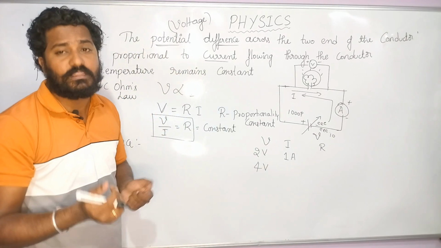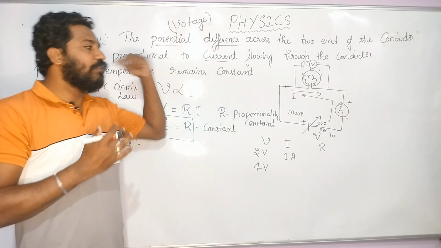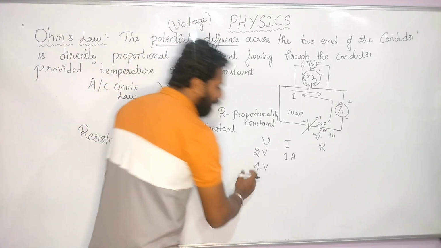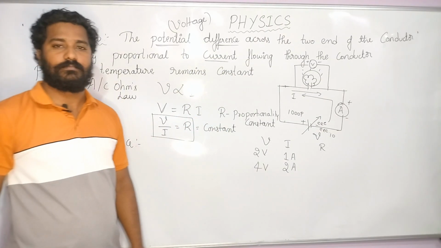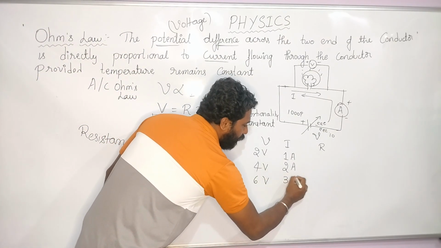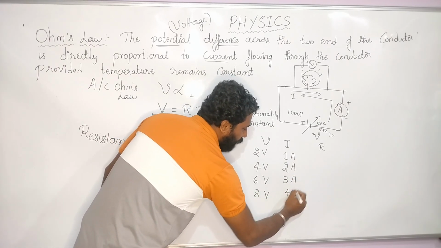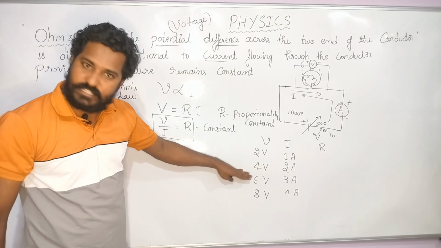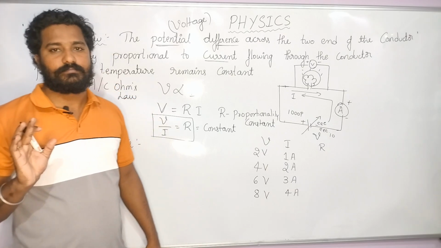I have already told you that if you increase the voltage, the driving force increases, so the current also increases. 4 volts means 2 amperes of current. 6 volts means 3 amperes of current. 8 volts means 4 amperes of current. For the same conductor, however much you increase the voltage, that much the current will increase.